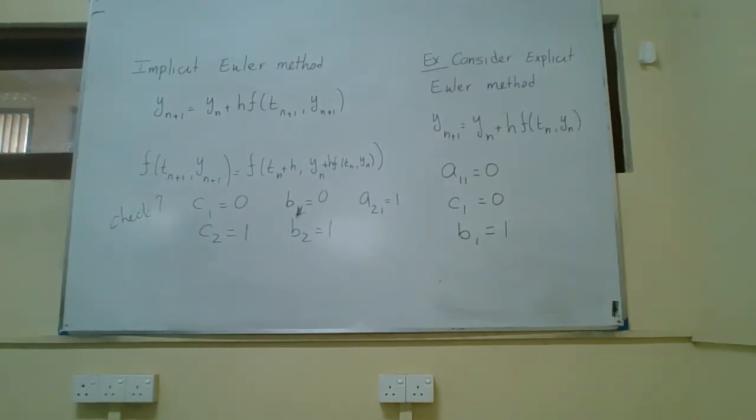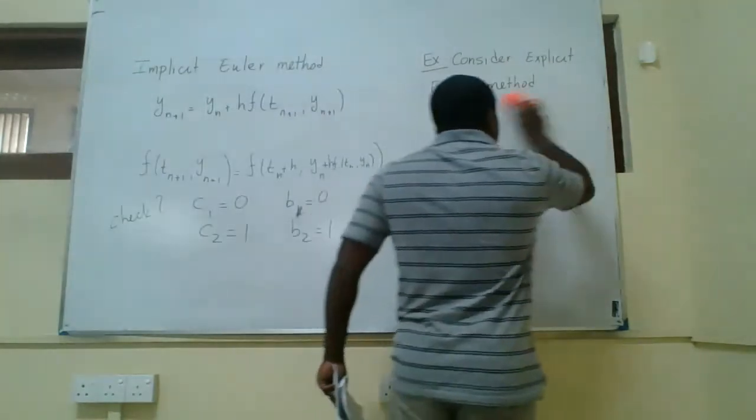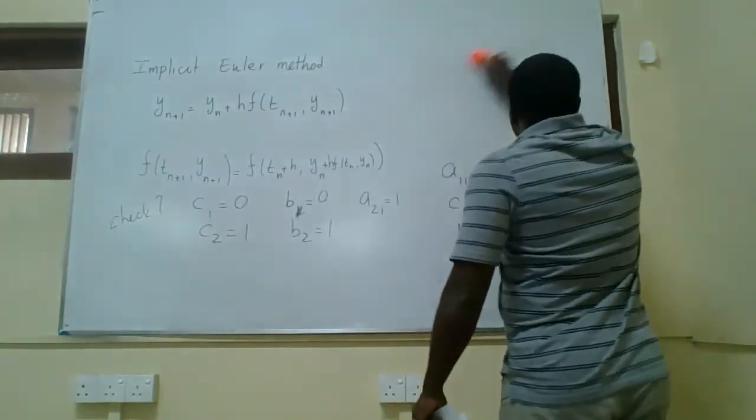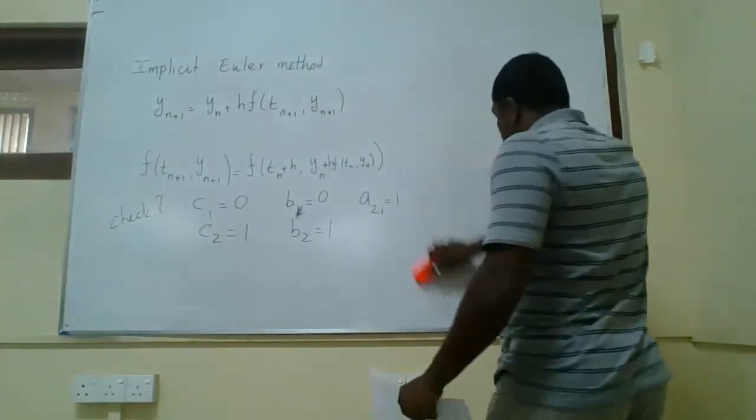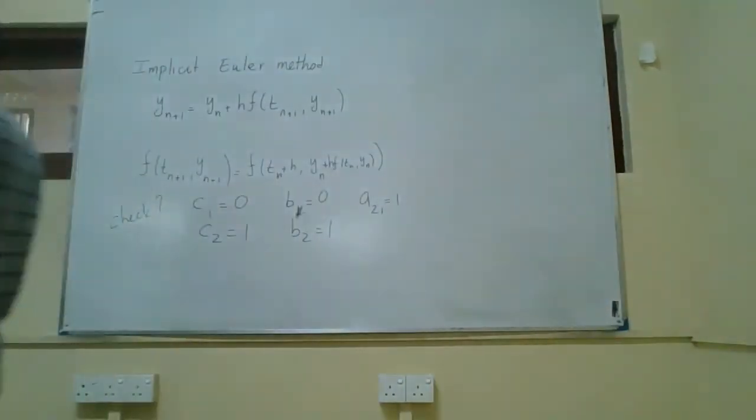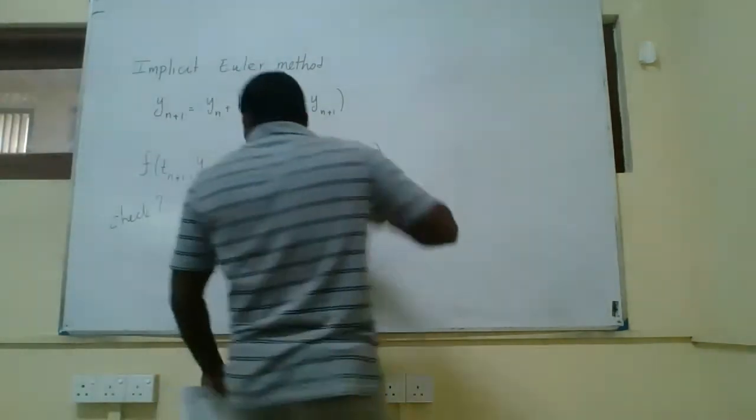That is how you do this. Similarly, for the trapezoidal rule you can take a similar approach. I will leave that as an exercise for you. Okay, or let me do it. We have time.